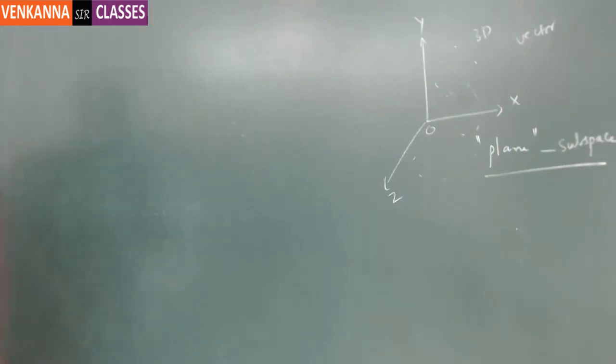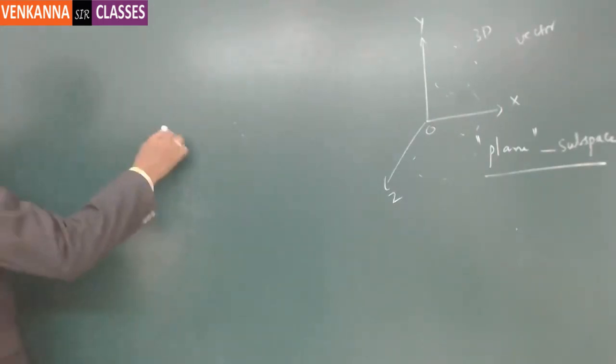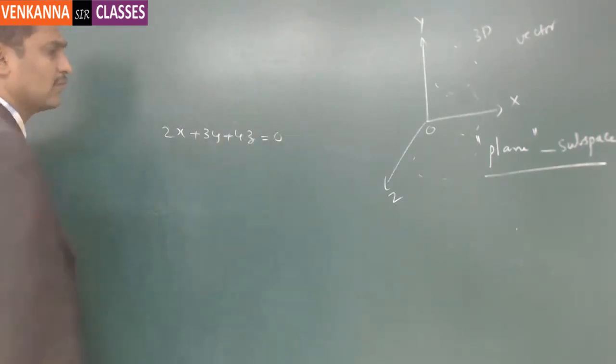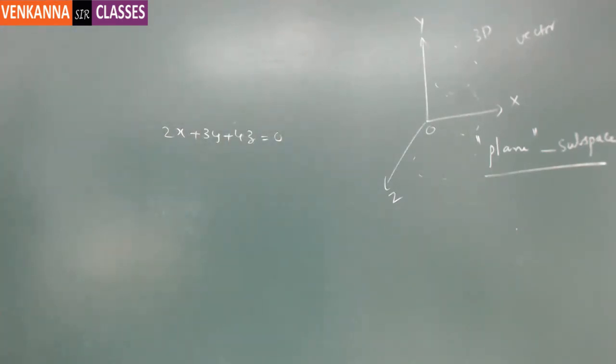You know what is meant by a plane equation, right? Which passes through the origin? Any plane passing through the origin is a subspace in the vector space of three-dimensional space, or R cube. So let us generalize this.